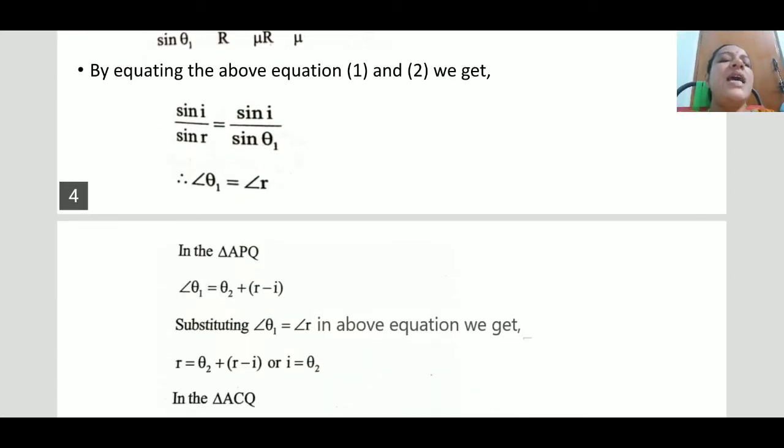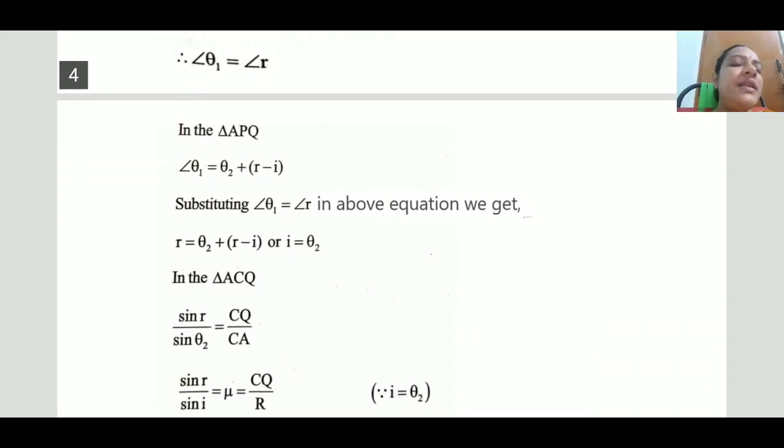That means angle theta 1 is equal to angle R. We are converting the slope angles in terms of the refraction angle and the incident angle.